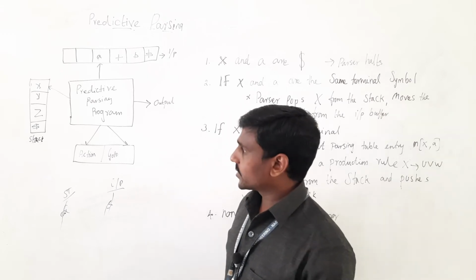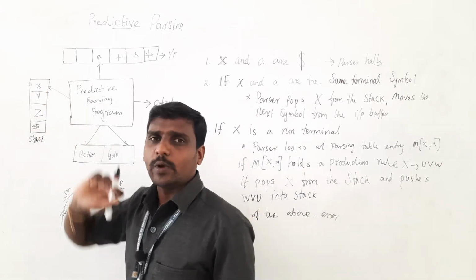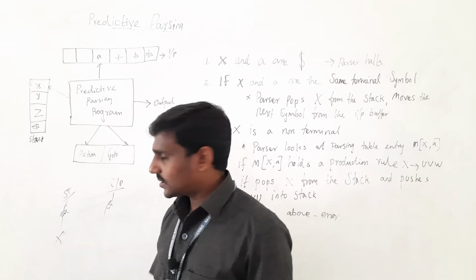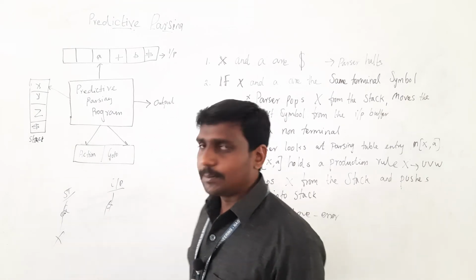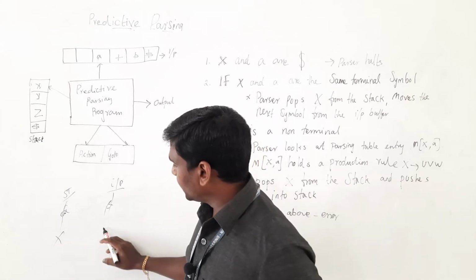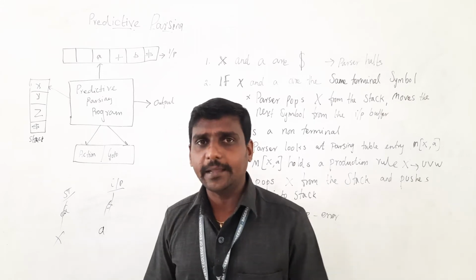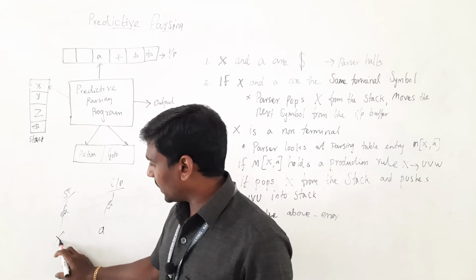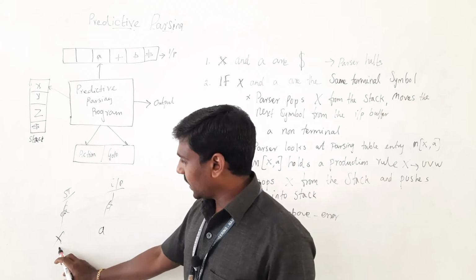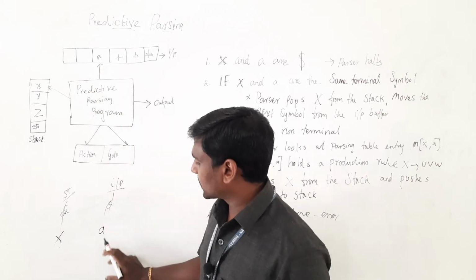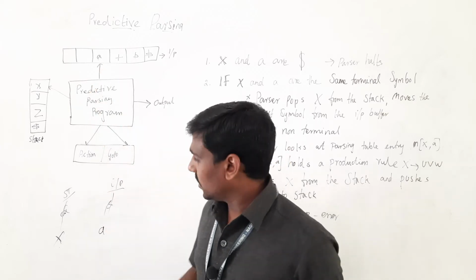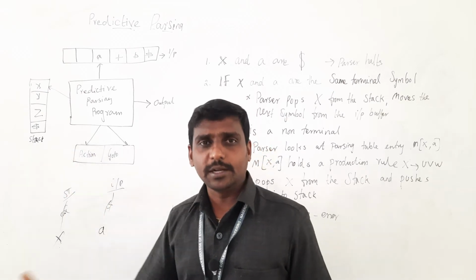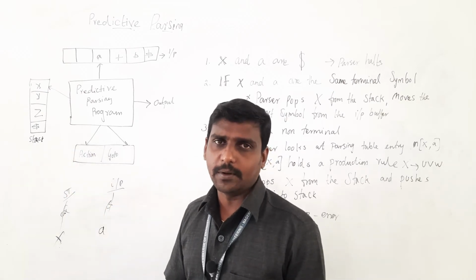Clear? Suppose the top of the stack is one variable, for example X, and the input symbol is a different terminal, for example a. If the behavior comes like this, where the top is a variable and the input symbol is a terminal, we have to look up into the parsing table, okay.